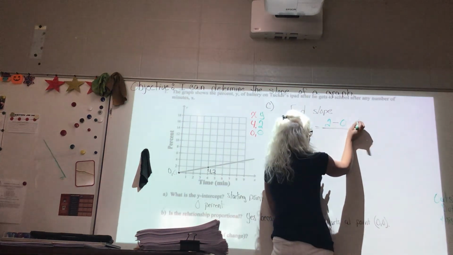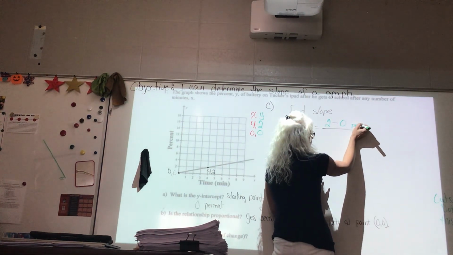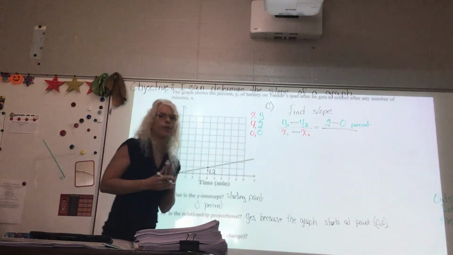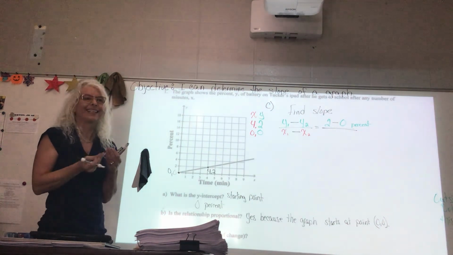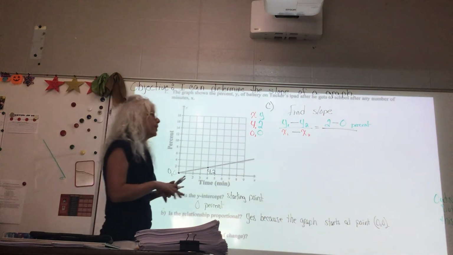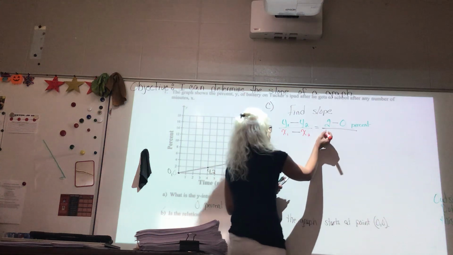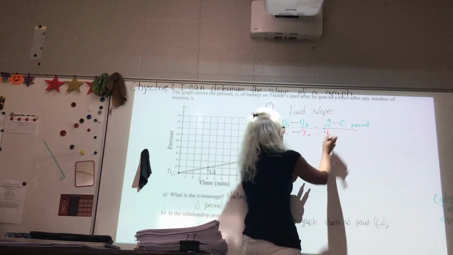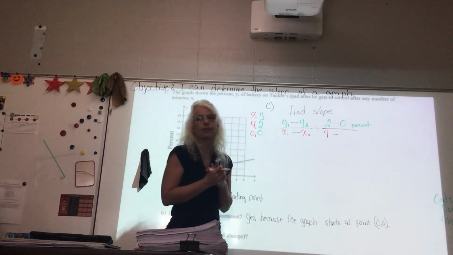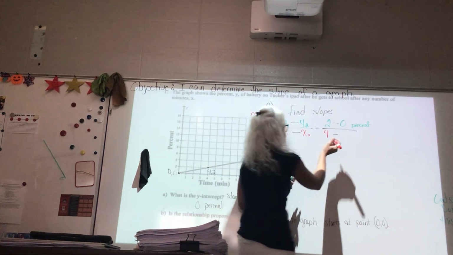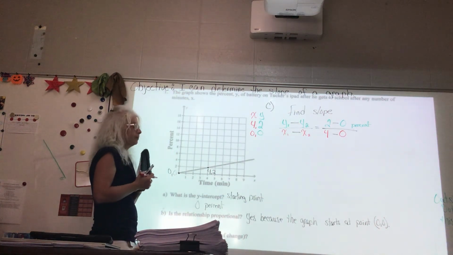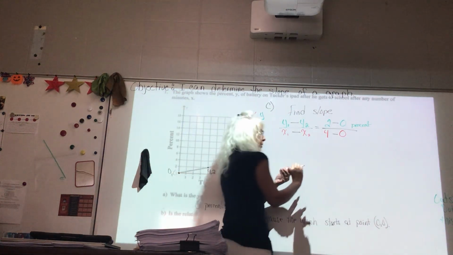So I'm gonna put percent. To see how we're doing the same thing as we were, we're just adding a little bit of information to it. Okay, what am I gonna substitute in for x sub 1? 4 minus, what am I gonna substitute in for x sub 2? 0. And what label is on the x-axis? Minutes or time? I'm gonna put minutes.